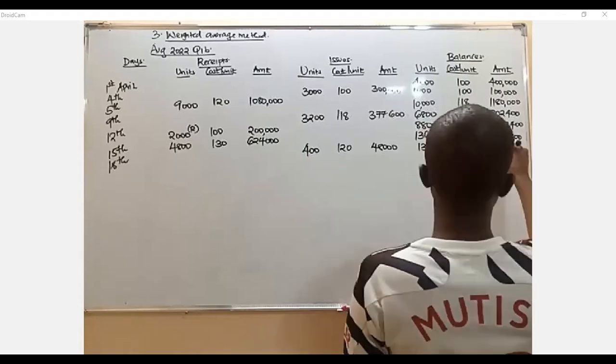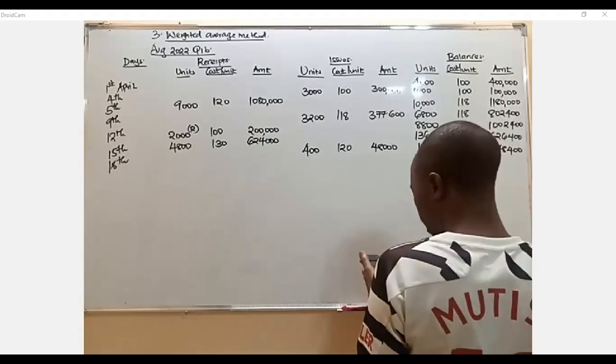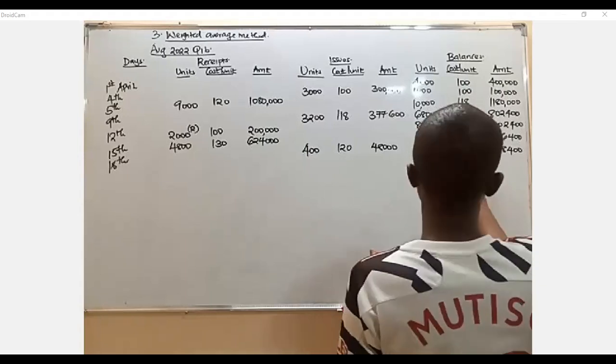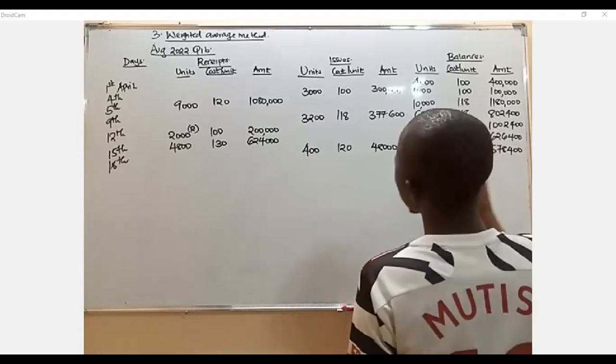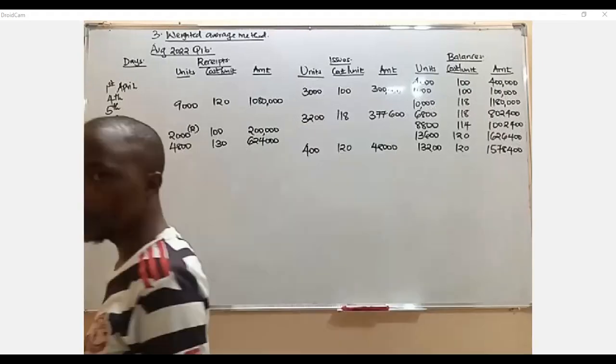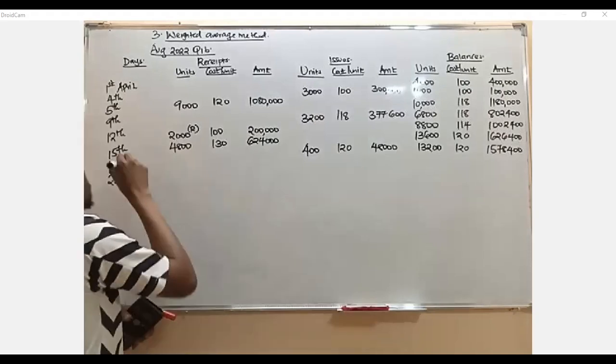We are getting 1,578,400, right? Then we divide by 13,200, getting 120 equivalent. Then from there, we go to date 25th. You can see how simple this is.